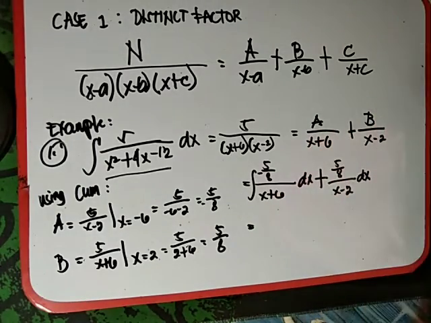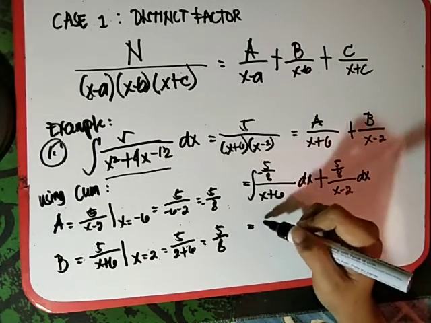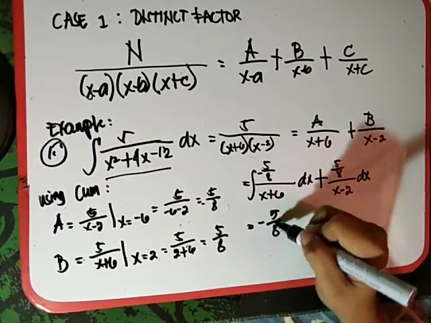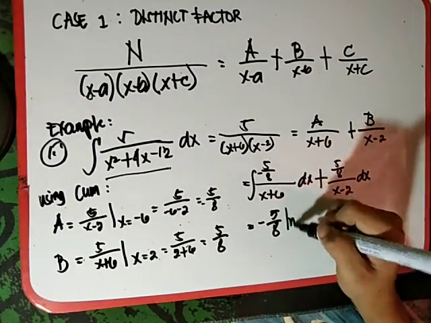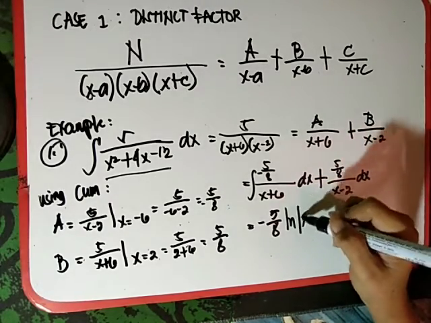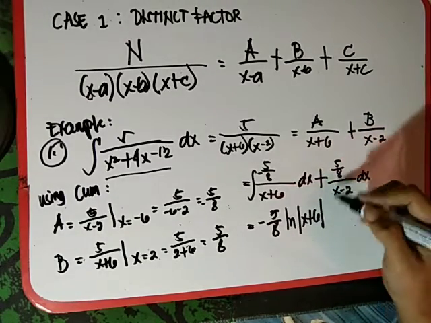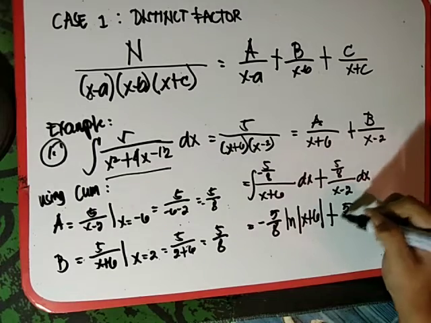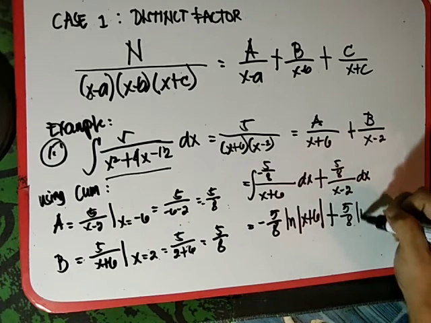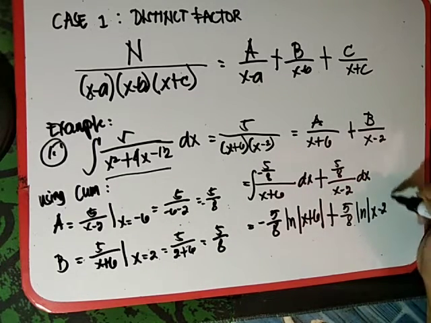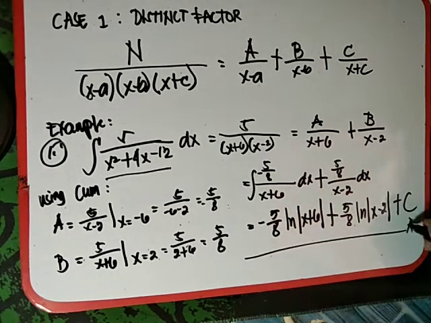So we have negative 5 over 8 ln of x plus 6 plus 5 over 8 ln of x minus 2 plus c. So this is the final answer.